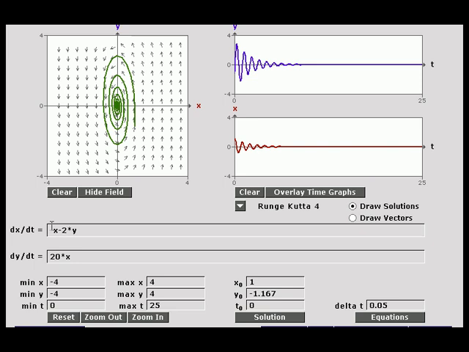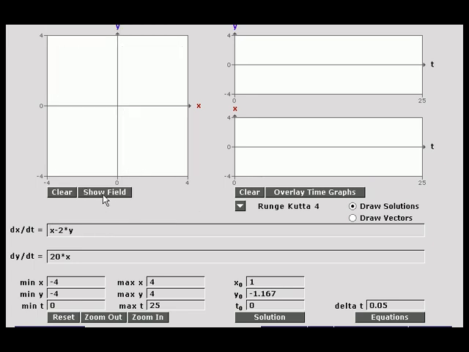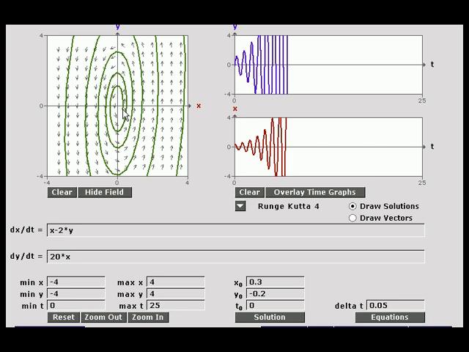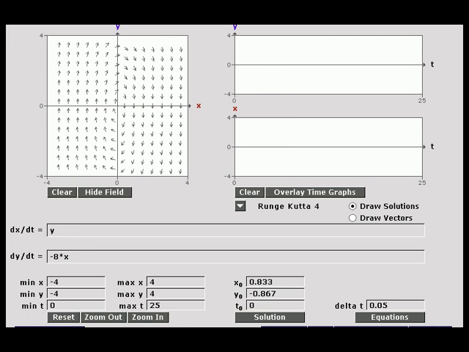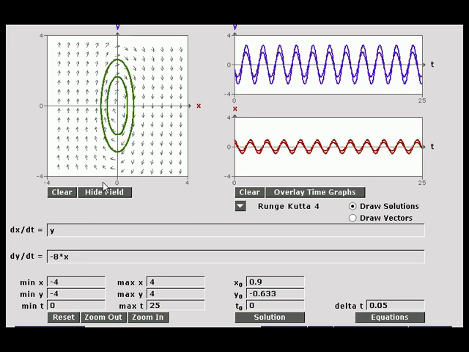Now, if we make one little change here, now you start close to the origin and it spirals out. So this is a spiral source. And finally, with this matrix, 0, 1, minus 8, 0, look what happens. It doesn't spiral in or spiral out, it just spirals forever.